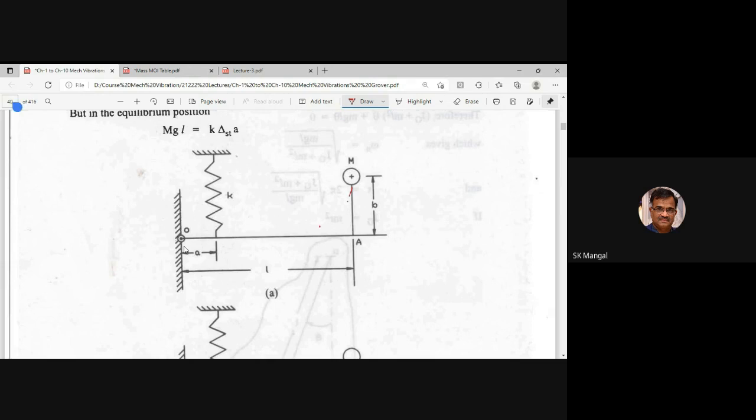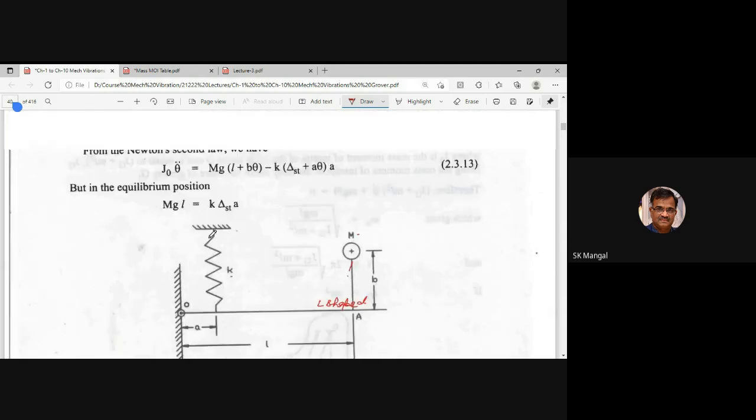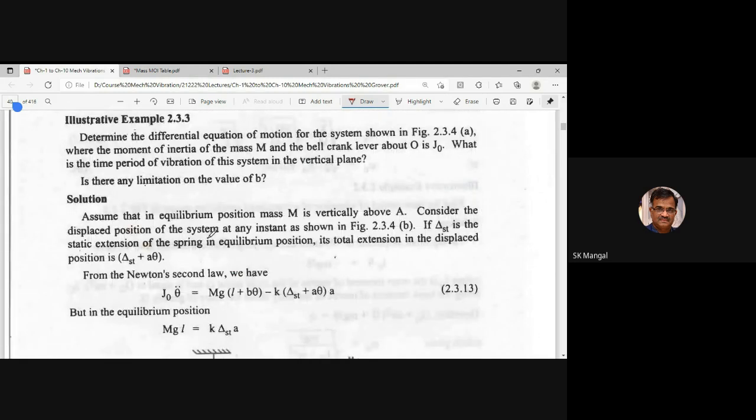This is the L-shaped crank. And on this, a mass M is put there. The length is basically L into B, and it is held in such a manner that you are having a spring here of stiffness K.